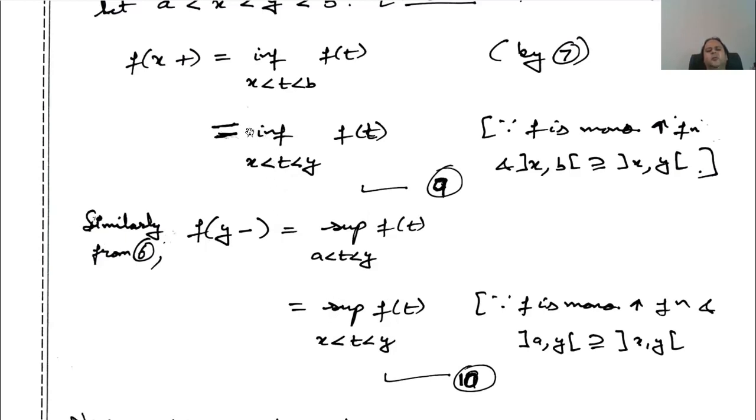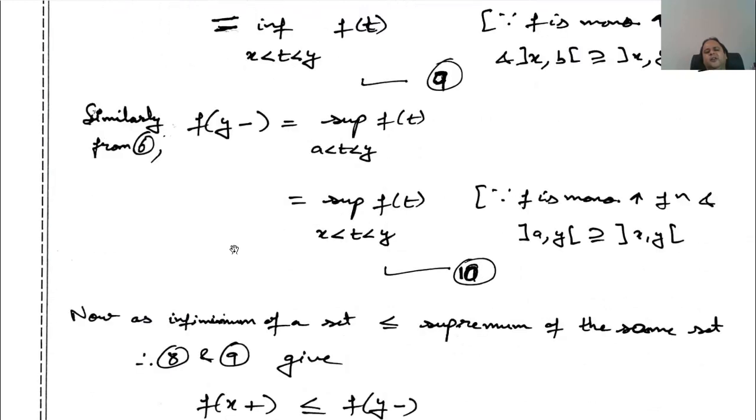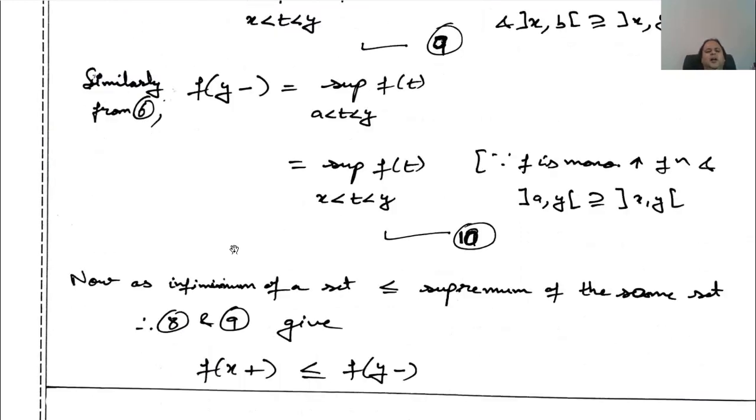Therefore, because this one is equal to this and this one is equal to this, we get that the right hand limit of f at x is less than or equal to the left hand limit of f at y, and that proves our theorem. So that's what is written, and it's concluding this result.